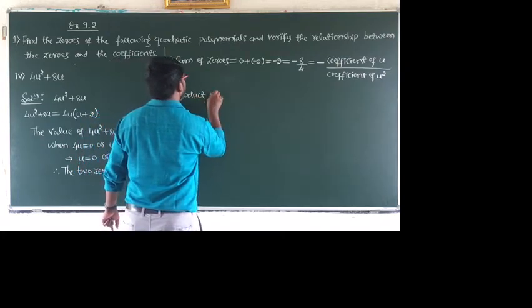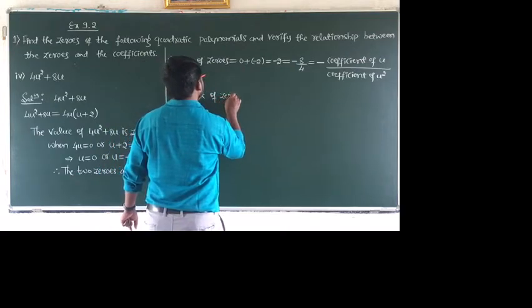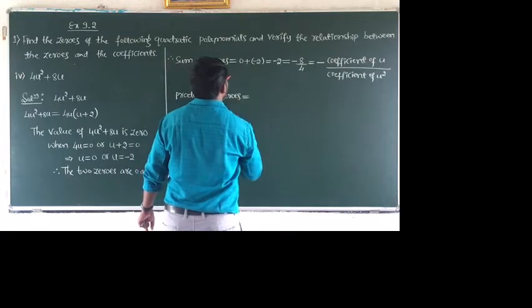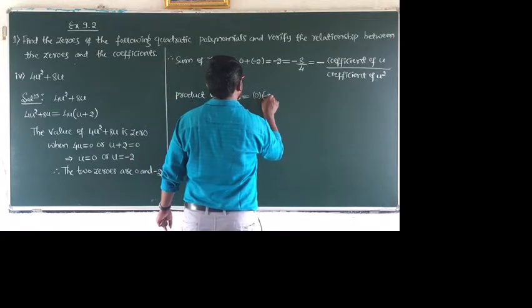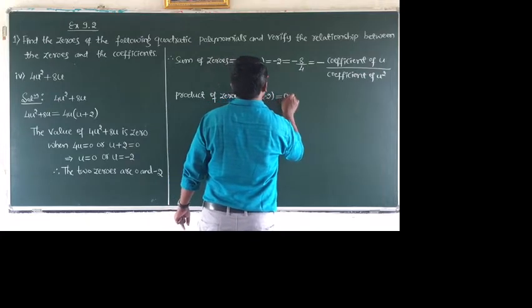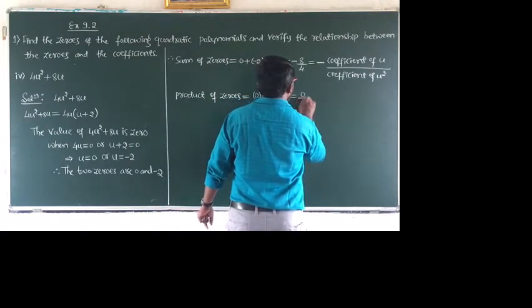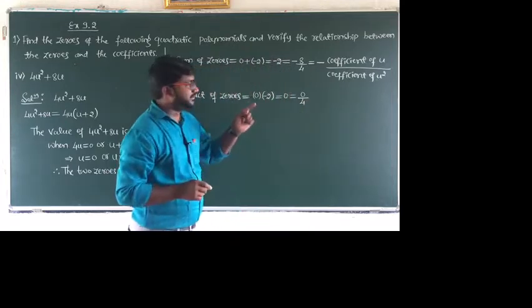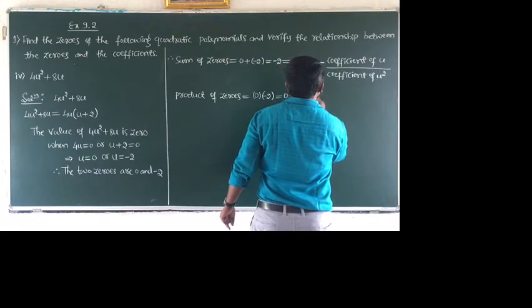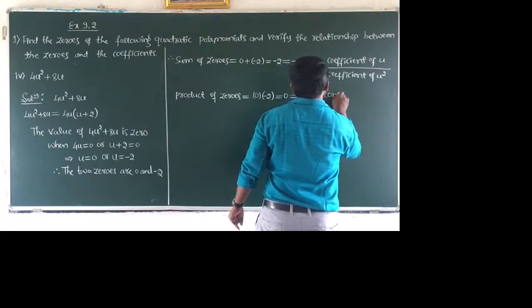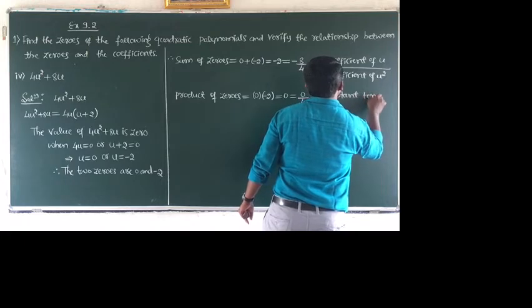Then I will go for product of zeros, which is equal to 0 into minus 2. This will be 0. This can be written as 0 by 4. So 0 by anything is always 0. That is why I have written 0 in this form. Now 0 is the constant term.